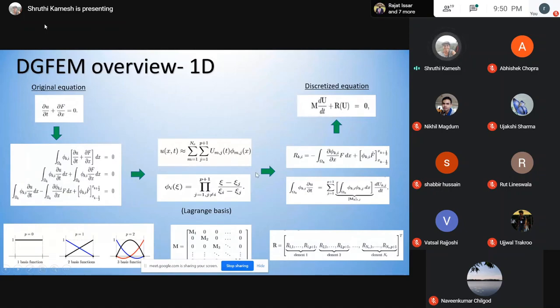So they have what is called local support, or compact support. Suppose my first basis function has a dominant value of, say, one at node one, it does not have that value at the second node, right?